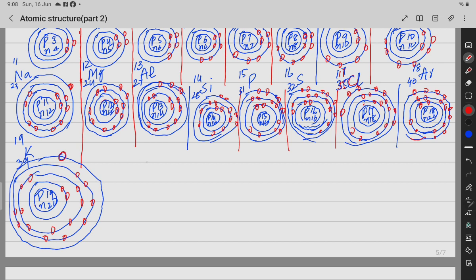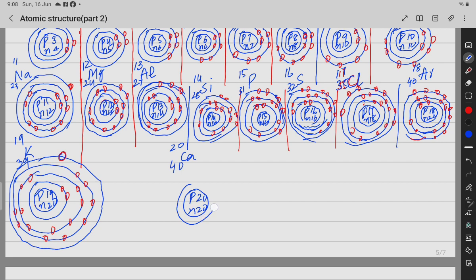Now this is potassium. Now calcium is in group 2, calcium 40 and 20, proton 20, neutron 20.